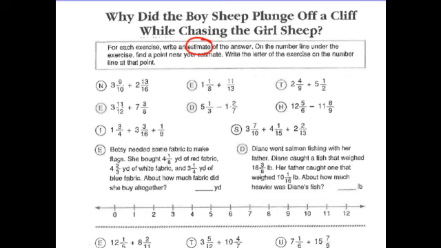So this first problem that I'm going to do here has an N, and I'm going to estimate this sum. Well, 9/10 is pretty close. I'm looking only at the fraction part right now. 9/10, pretty close to 1 whole. So I'm going to estimate this as 4, and 13/16, my numerator, very close to my denominator.